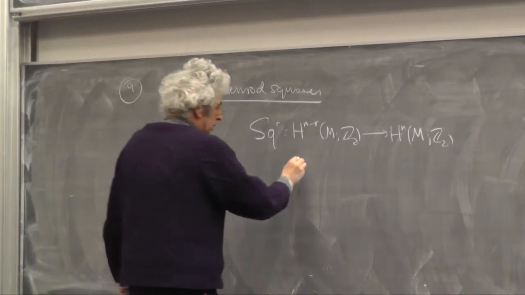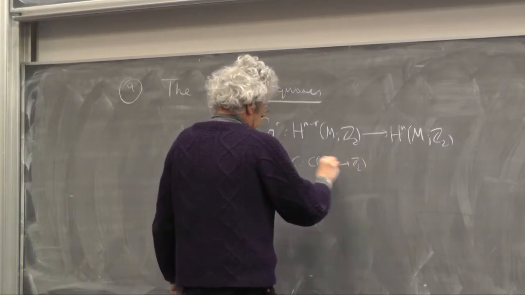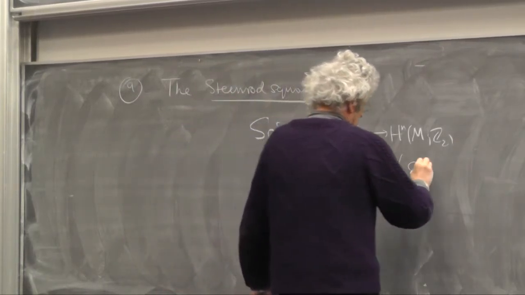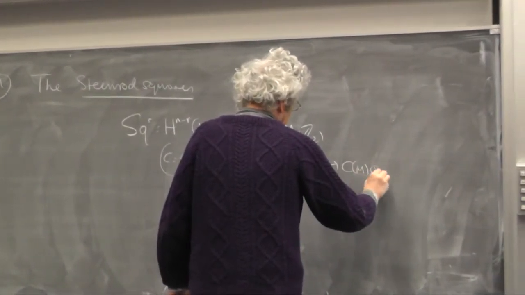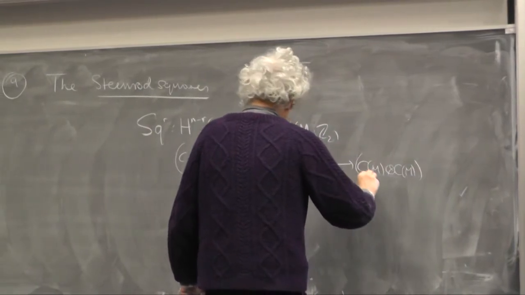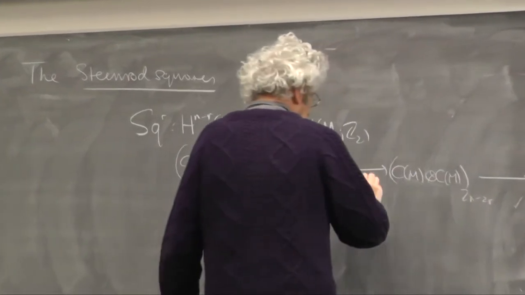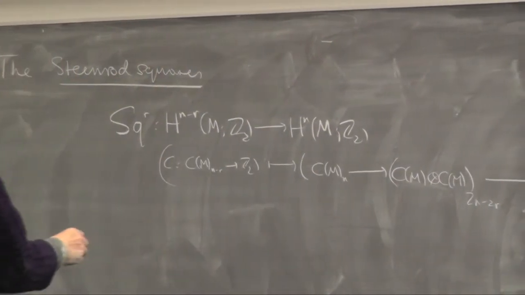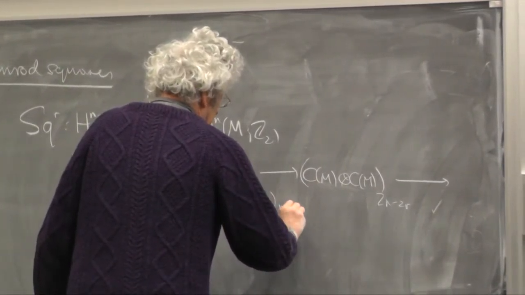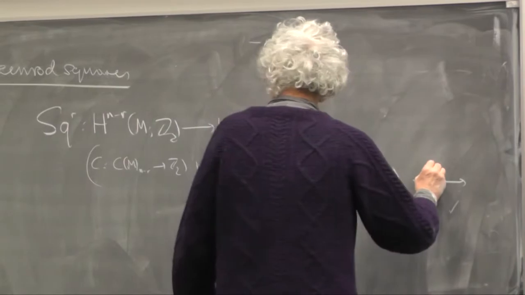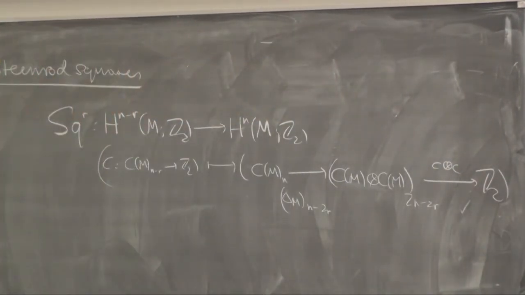What you do is you take a delta m, n minus 2r. And then you put here C tensor C, and then you've got Z2. So that's the definition of the Steenrod squares.